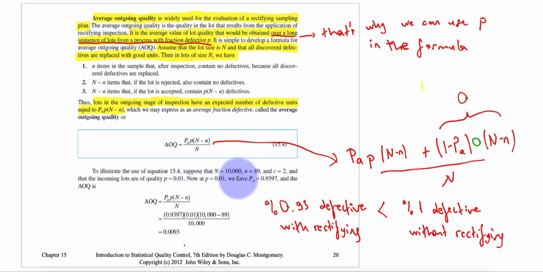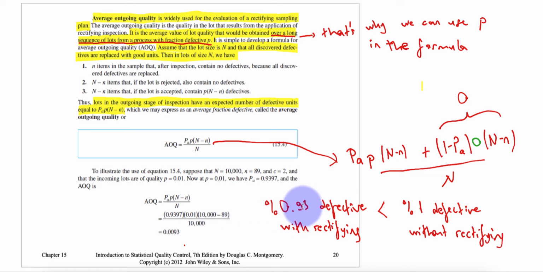With the probability of acceptance, we know this at that lot defective rate, with this sample size and this C. Then we can calculate the average outgoing quality by the formulation here, and it will be 0.0093. So the outgoing defective fraction will be 0.93%.